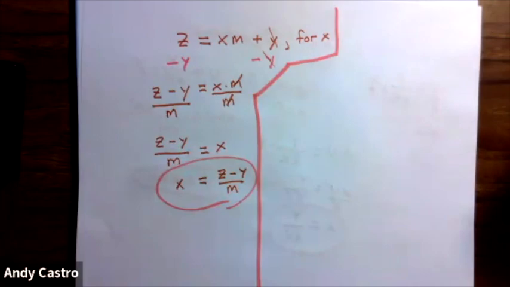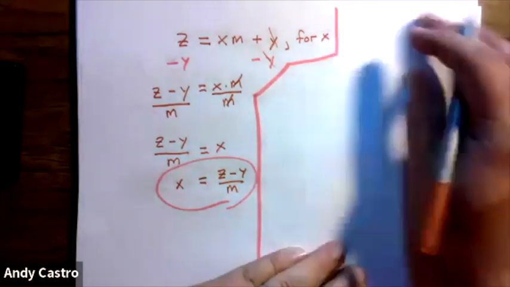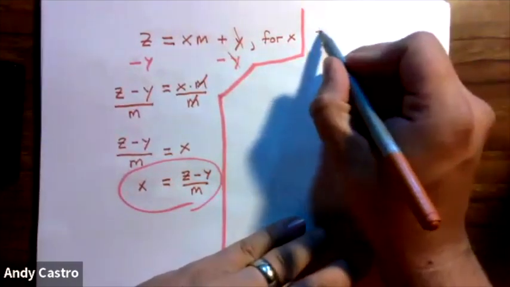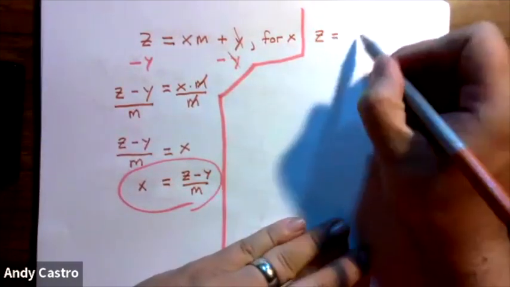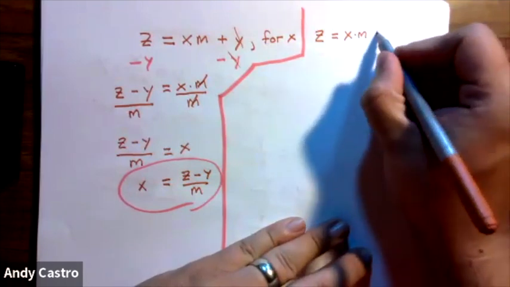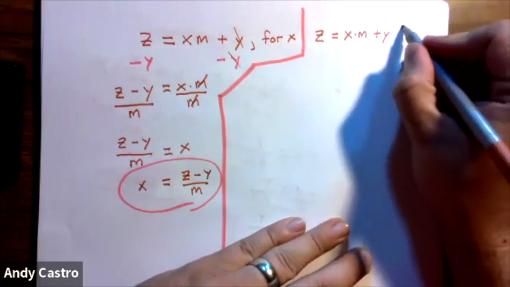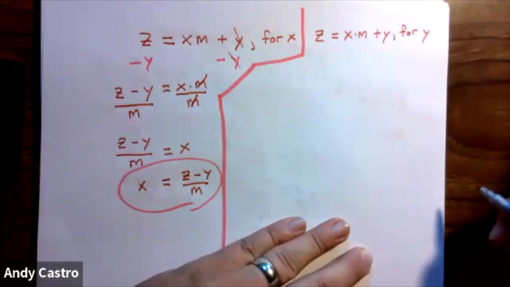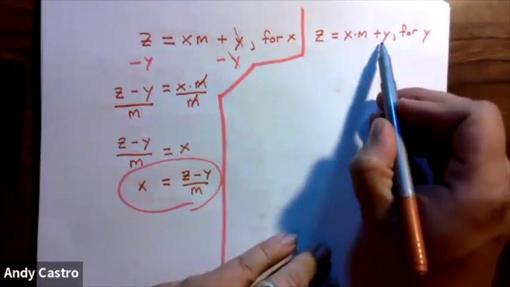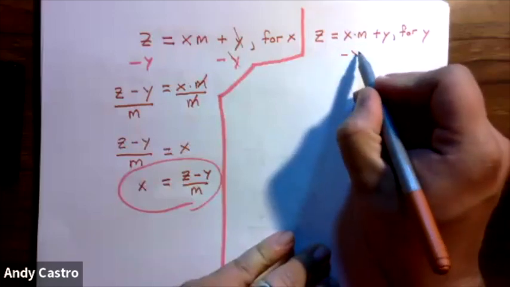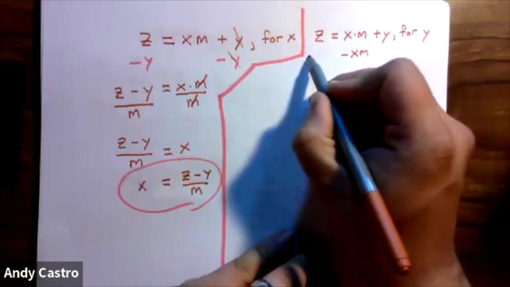Let's do the same equation, but this time I'm going to solve for the letter y. So z is equal to x times m plus y, and we're going to solve for y. Okay. I'm adding xm to y, so I'm going to subtract xm from both sides.